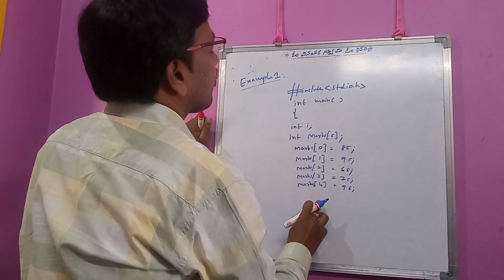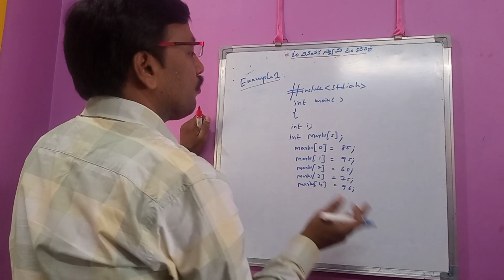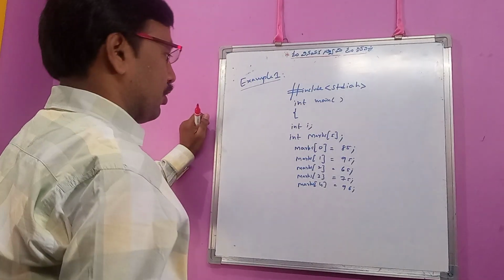Totally here you can see 0 to 4, totally we have 5 locations.